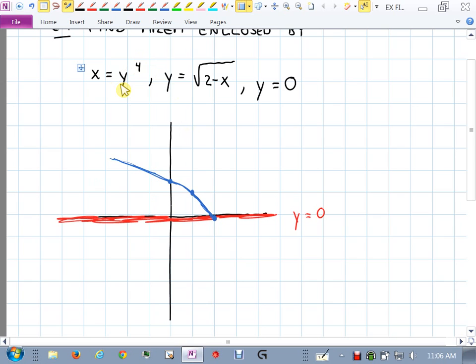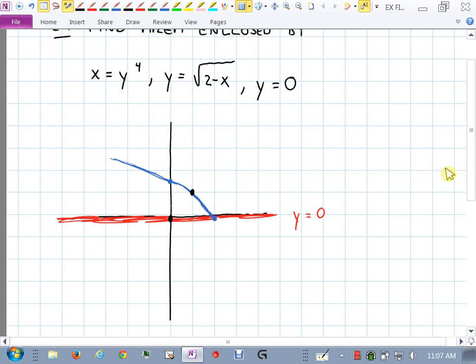And then you have x equals y to the fourth. So let's plug in some values for y. What if you plug in y as 0? What do you get? x is 0. What if you plug in y equal to 1? What's x? 1. So if I go up 1 on the y-axis, my x is also 1. So it does this. If I plug in y as 2, what's x? 16.